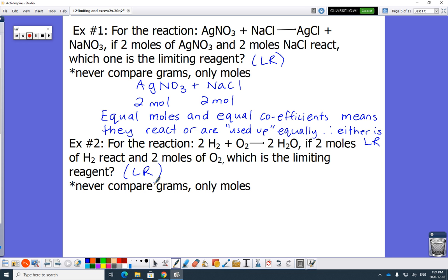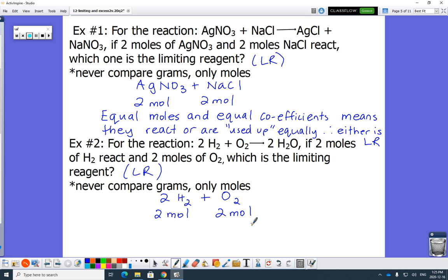Okay? But then this one, it's not the same. So the general mole ratio is 2 to 1.